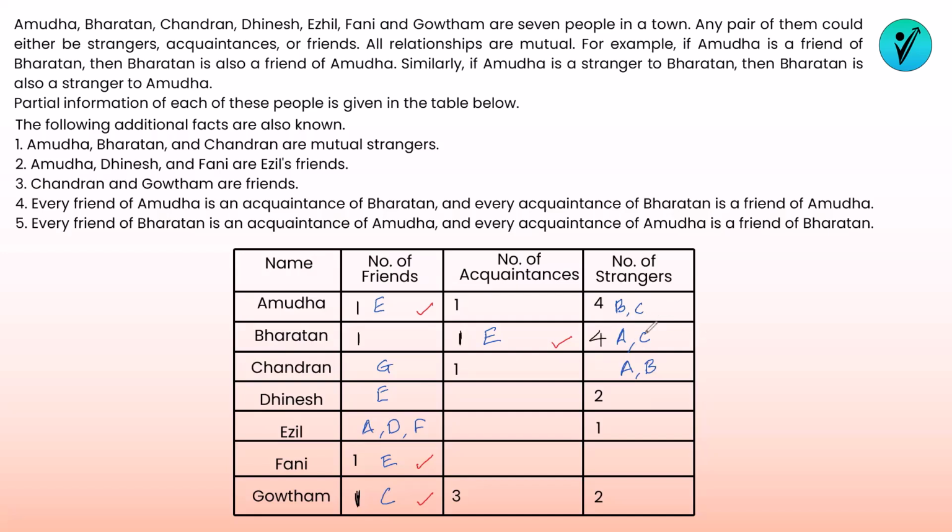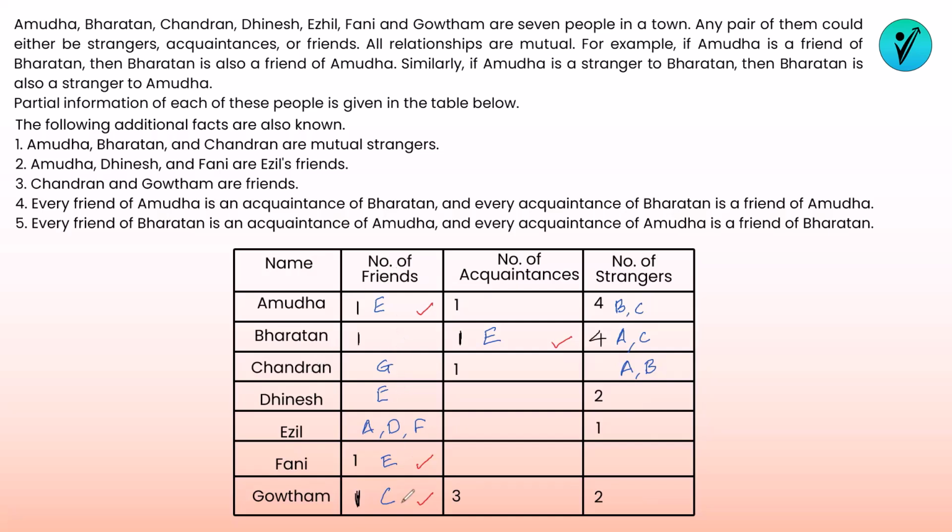Out of which 2 are accounted for, we still have to come to the other 2. So far, so good. I think we have utilized all the additional facts that they have provided us. Now, it is our job to try and understand as much as we can from everything that we have already filled into the table.